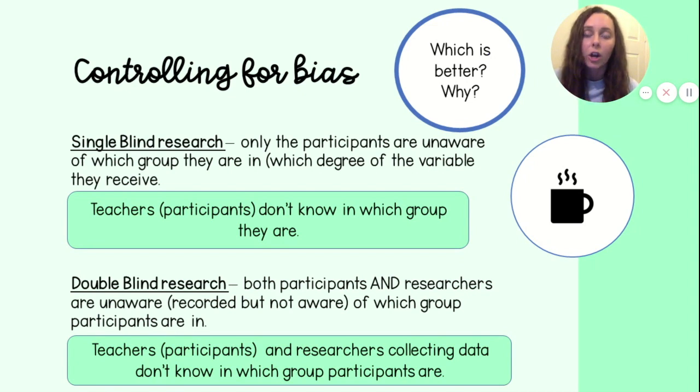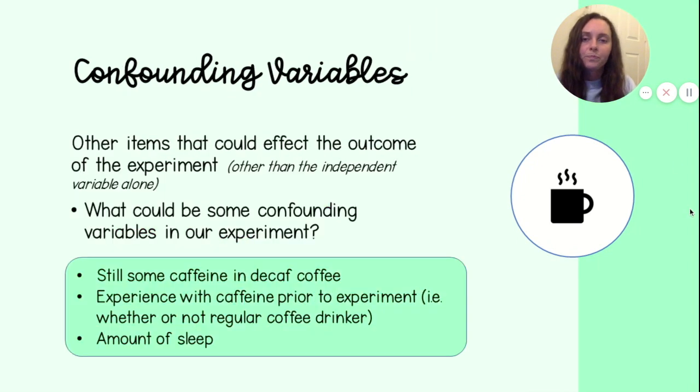I'm almost priming her to give me sluggish behavior or fill out the survey to let me know that she's tired and she has less happiness. So if the experimenter doesn't know who's in what group, you can't prime people to behave certain ways, if that makes sense.